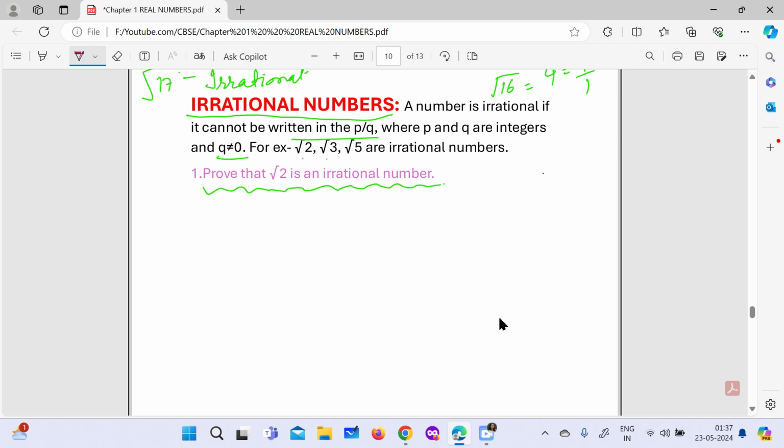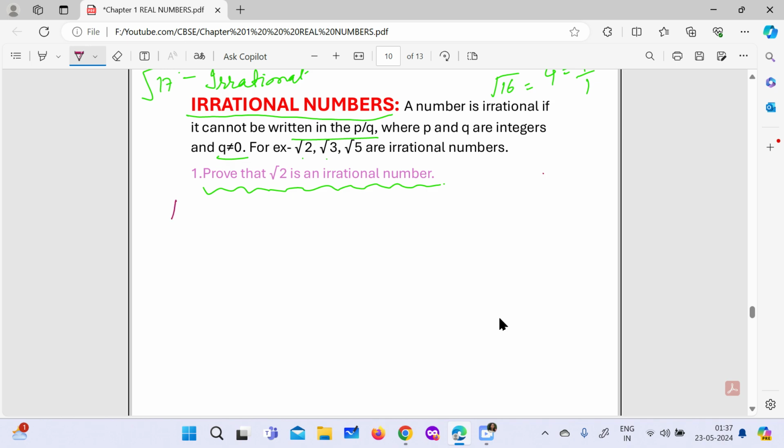Okay. Now, when we cannot write it in the form of p over q, then there are no common prime factors also, right? Okay. Now, to prove this question, we are going to use contradiction. Means we will assume that root 2 is a rational number. So let's see that.